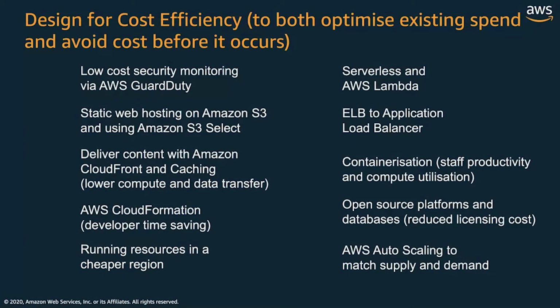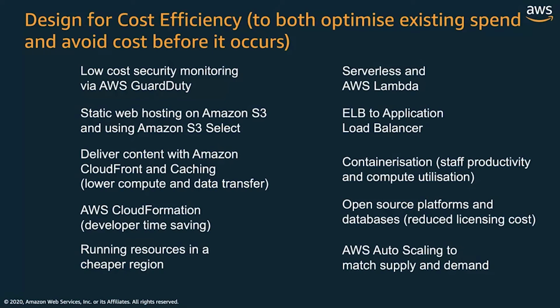These slides are by no means comprehensive, and I know it seems like perhaps a little bit of a long drawn-out slide set, but there are many, many more things I could talk about in terms of saving cost. So I'm just going to touch on a couple of these. If you're hosting a static website, don't do it on EC2 instances. It's not a particularly cost-effective way of hosting a static website. Do it on Amazon's S3.